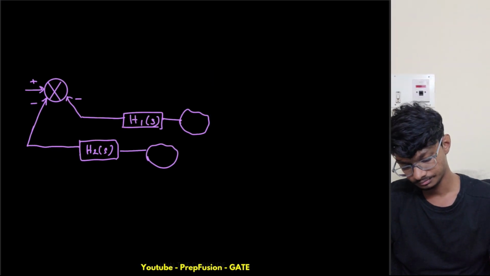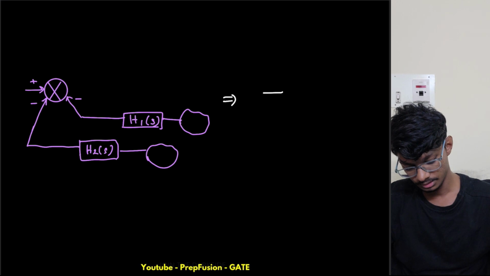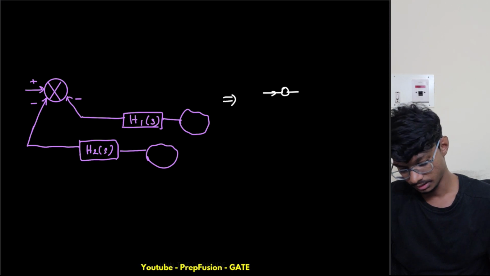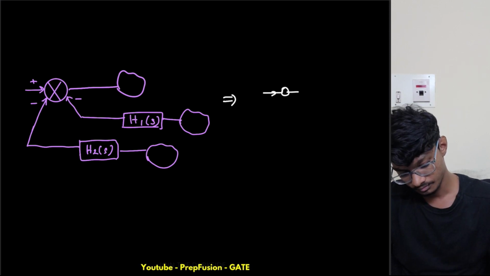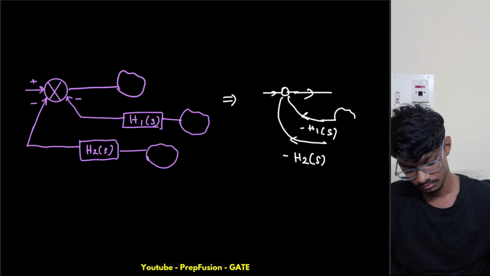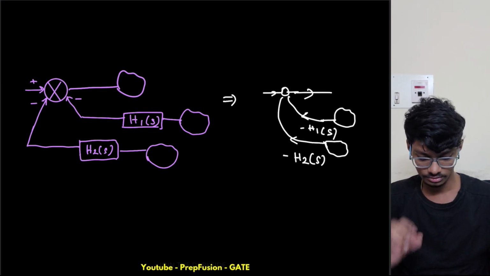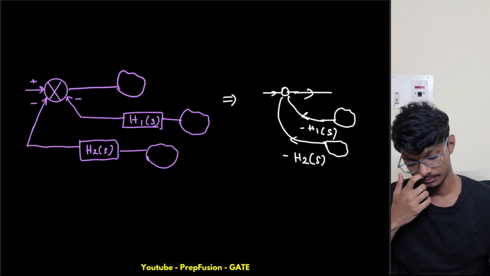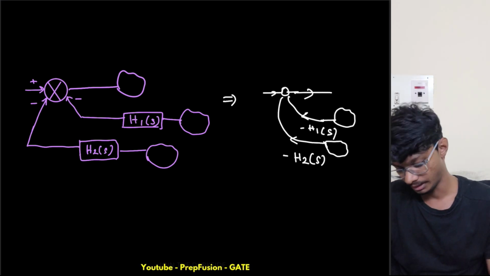How can I replace this? Simply create a node over here, and here I have some output, and here I have some output again to this block. I'm not writing it, so this is some output, just add them over here. What will be the gain of this one? It will be minus h1 of s, minus h2 of s. So this will be the gain block basically. So this is when multiple summing points are connected in parallel.